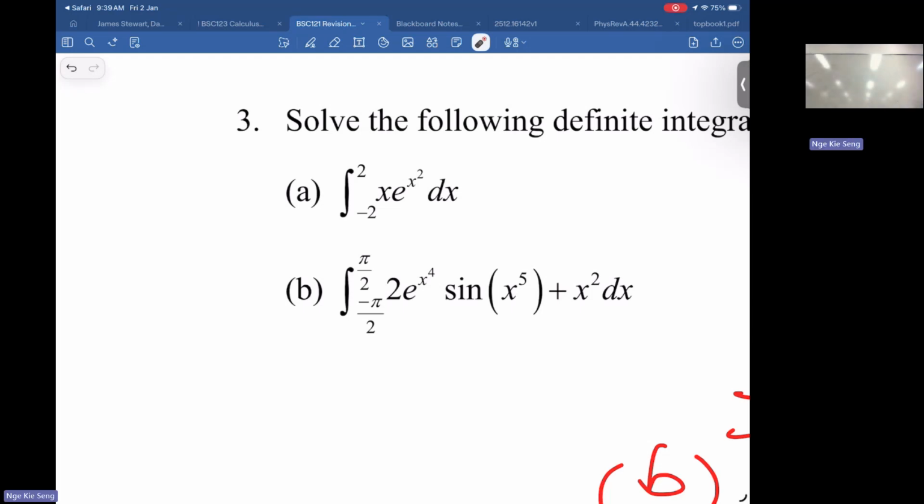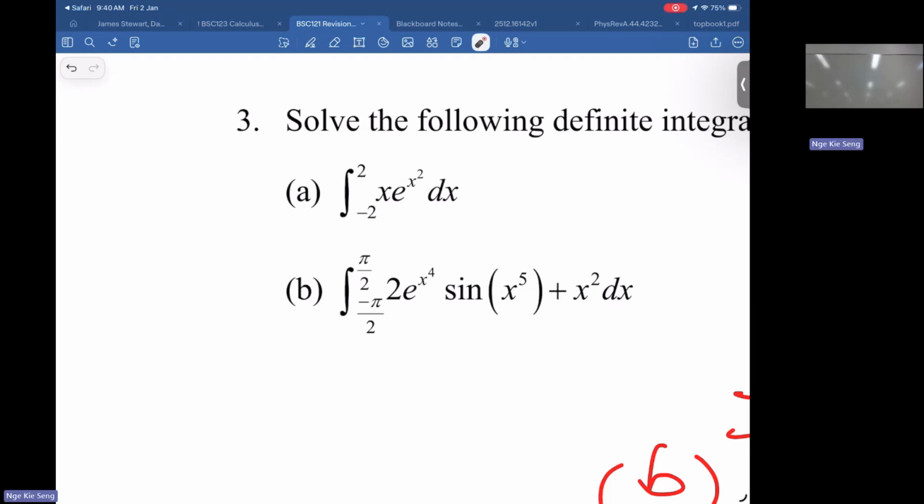A function with its derivative are friends. If you see a function with its derivative appear together, they are friends. And why are they friends? Because we can use substitution. Okay, did you see friends or not? x squared and x, are they friends? The derivative of x squared is what? 2x. So you just need to divide by 2, you get x already.